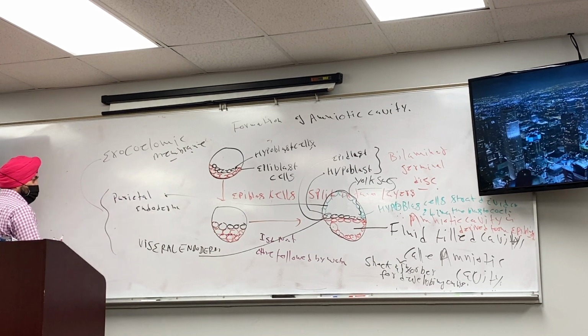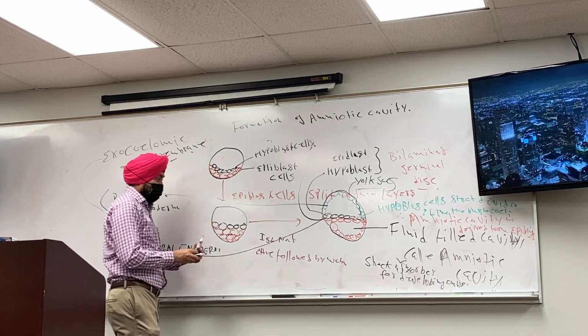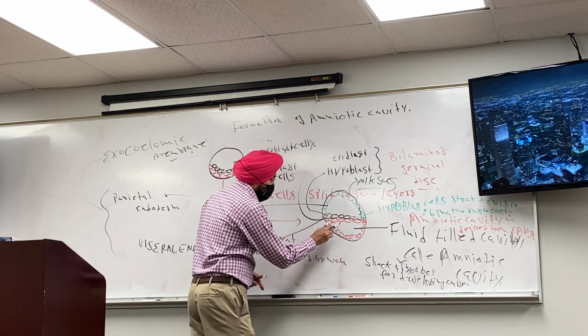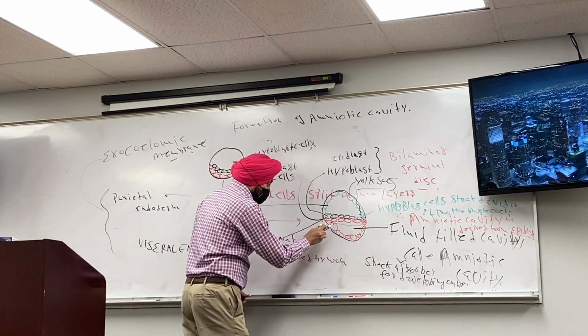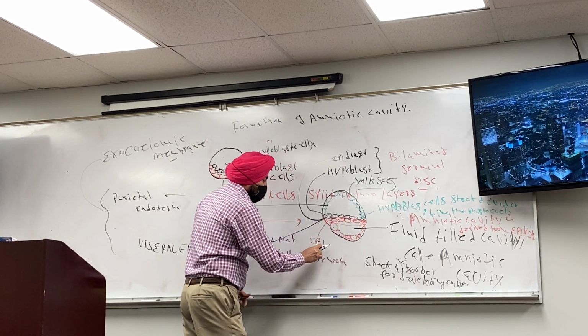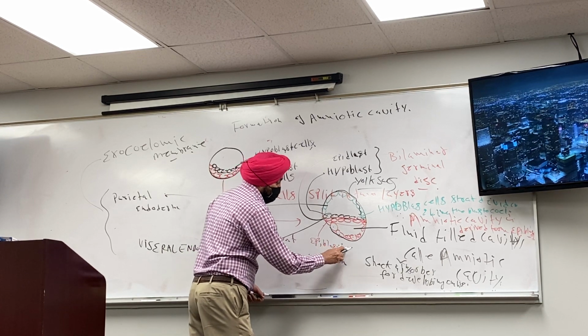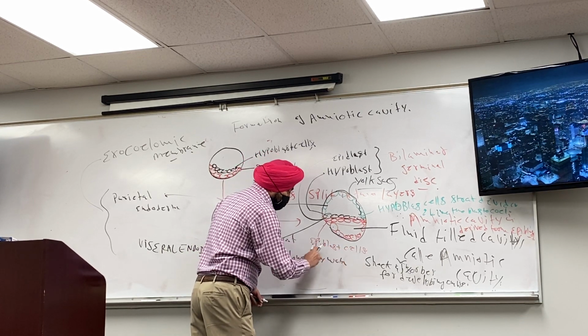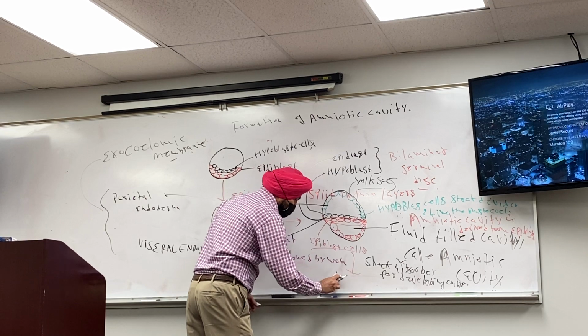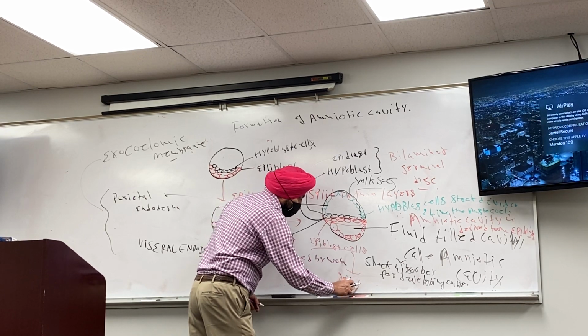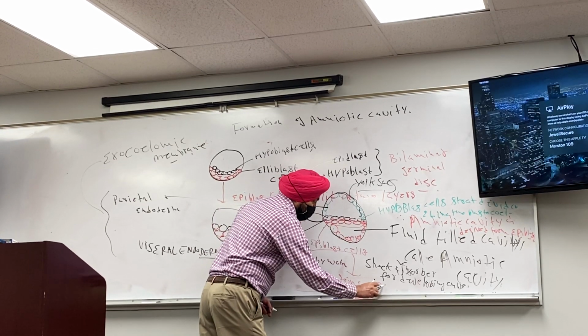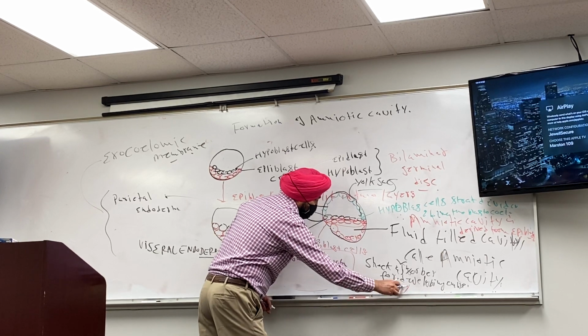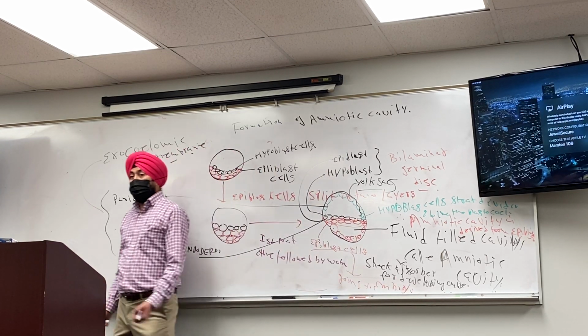So now, these remaining cells, which are just this many cells, these are still the epiblast cells. They are going to give you embryo. So now what did we talk?